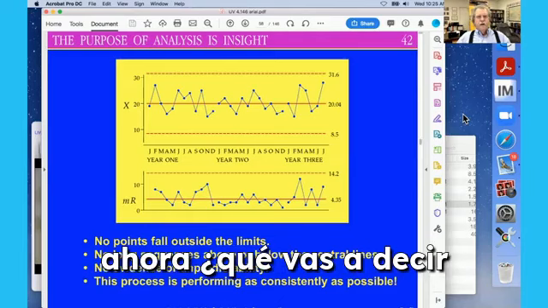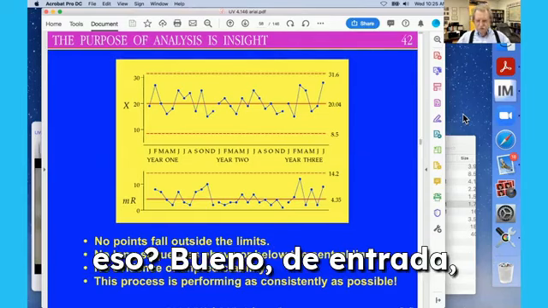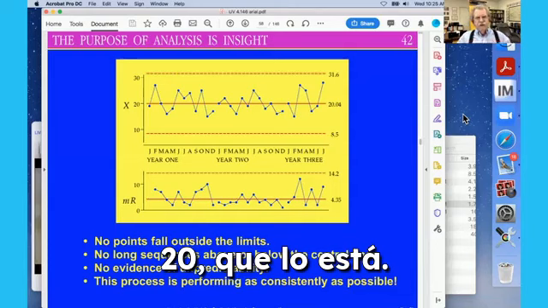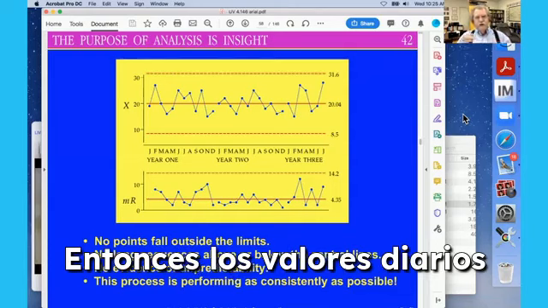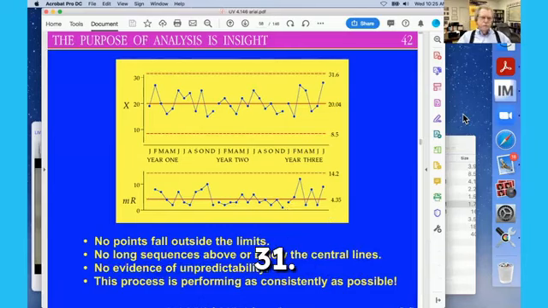Now, what are you going to say about that? What's your boss going to say about that? Well, right off the bat, if this process is averaging 20, which it is, then the daily values can bounce around between 9 and 30, 31, or maybe 32, not 31.